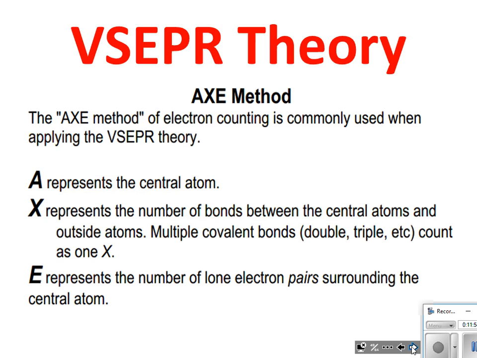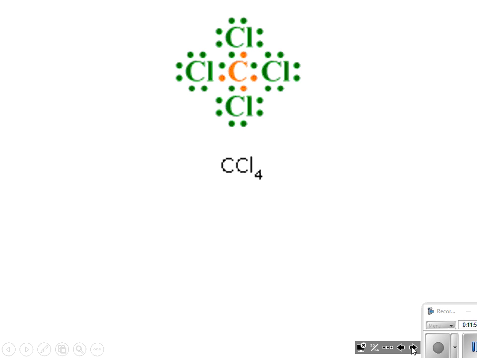Well, we did that yesterday, didn't we? Carbon tetrachloride. We came up with this exact Lewis structure. Look at that. Does it obey the octet rule? Absolutely. Now, what we need to do is the AX method on this.